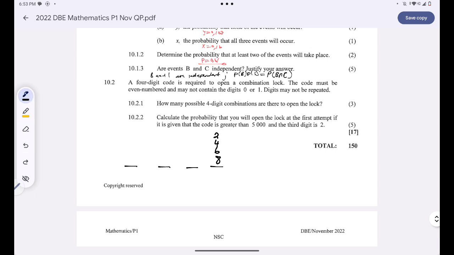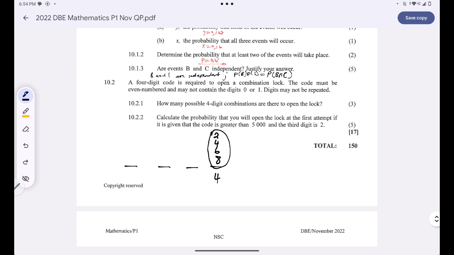Are you together? So this simply means that the numbers that will be here are dependent on this one. They are dependent on that number. So in general, there are 4 options to choose from in here.